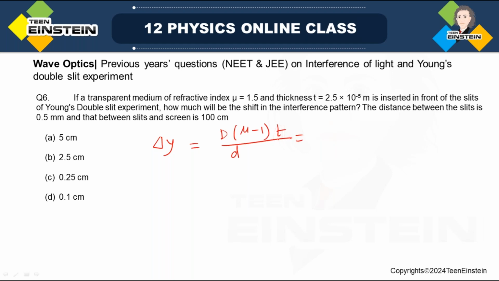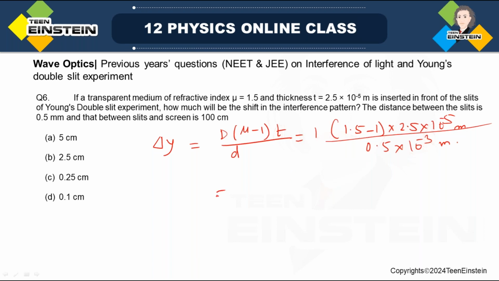Now D is given as 100 centimeter, that means 1 meter. Okay, and mu is 1.5 minus 1, and t is the thickness, that is given as 2.5 into 10 to the power minus 5 meter. Okay, and divided by 0.5 into 10 to the power minus 3 meter. Okay, this is what it is given.